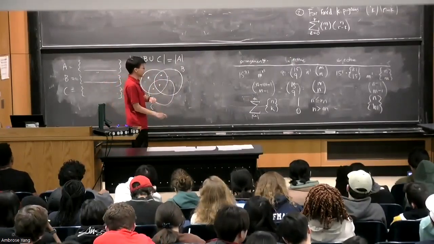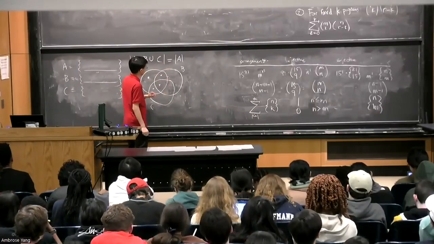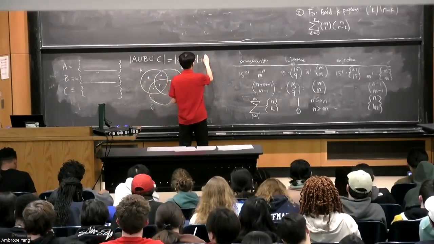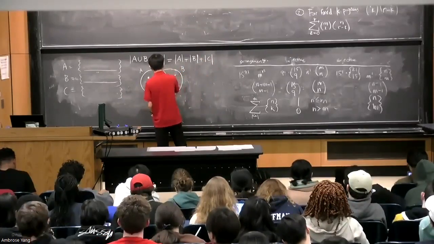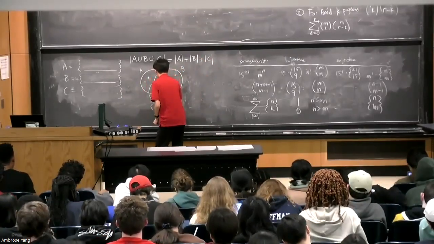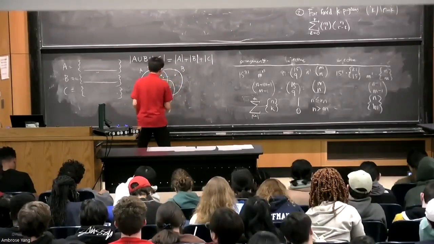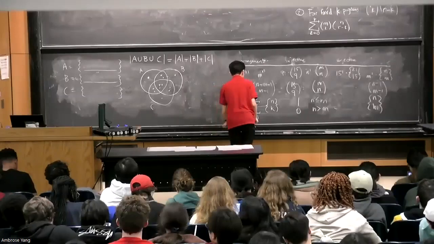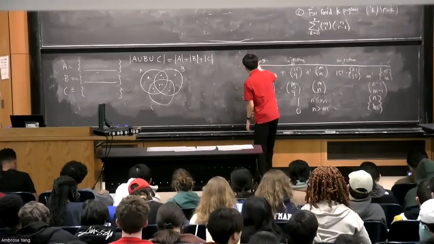I'm using a dot to represent how many times I've counted something in that region. Well, I'll do that for B. I'll do that for C. So now I've double counted these, triple counted this. You can figure it out.